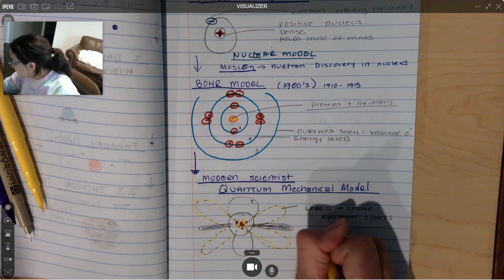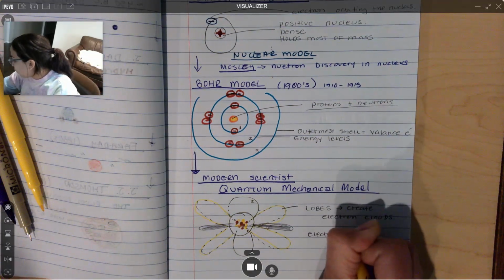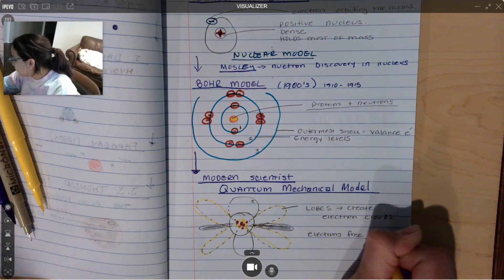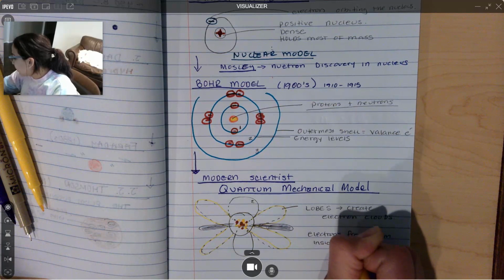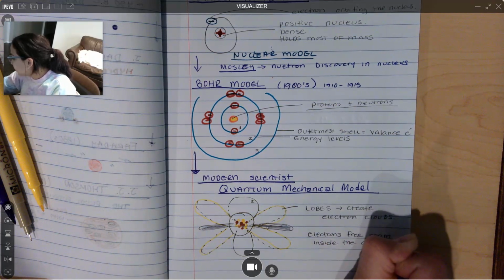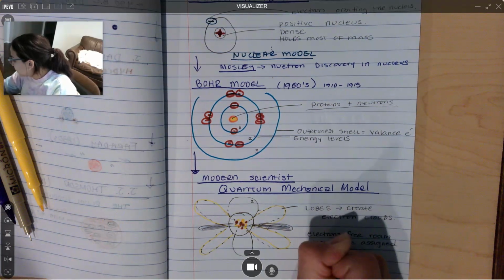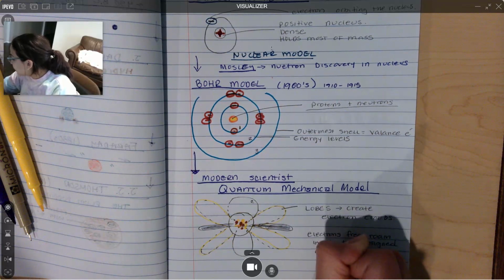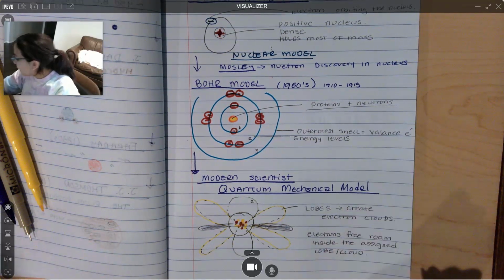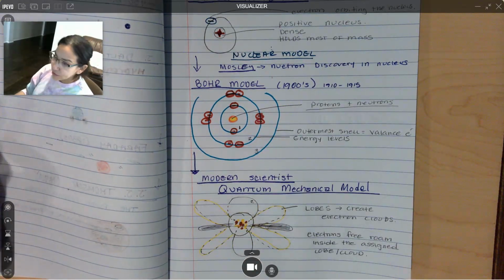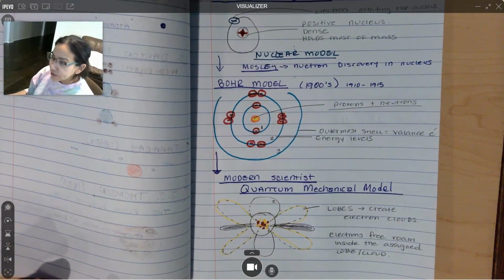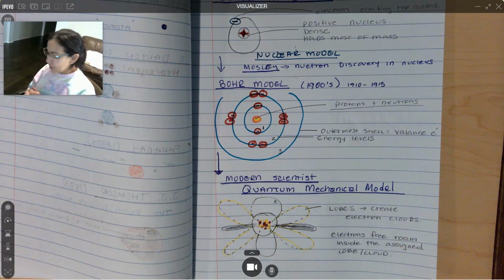So electrons free roam inside the assigned lobe. And or cloud, if you want to call it cloud, or energy orbital, any one of those. Okay, so here we go, the quantum mechanical model.